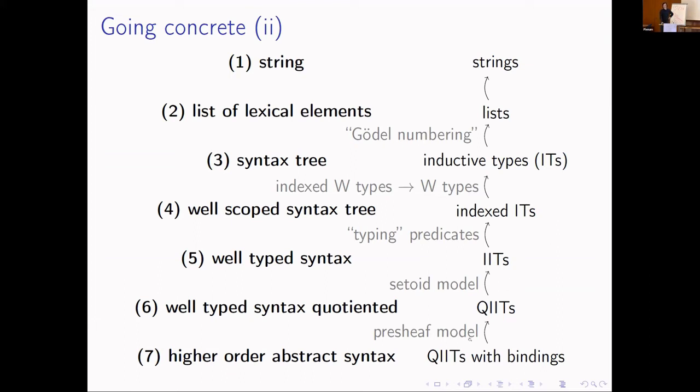And so this way, this higher order abstract syntax can be understood, you could implement it as a library in type theory. So you don't need a new language for it. We don't even know what the proper good language for it is currently, but you can just view it as an extra compilation step. And the same thing for going from QIITs to IITs.